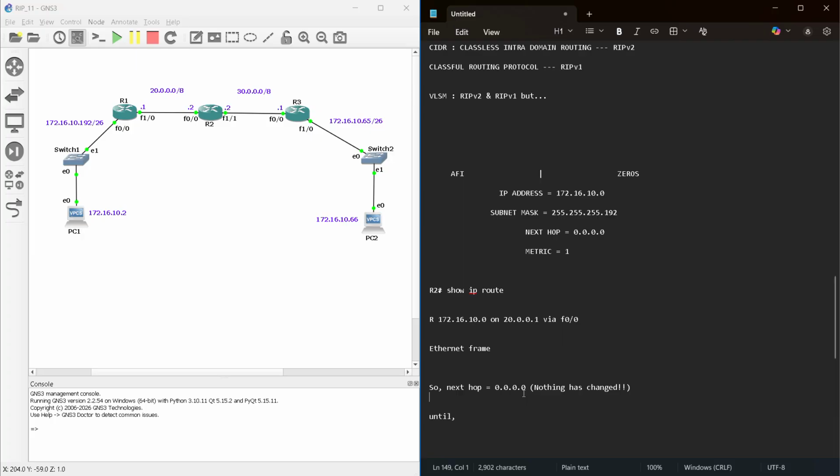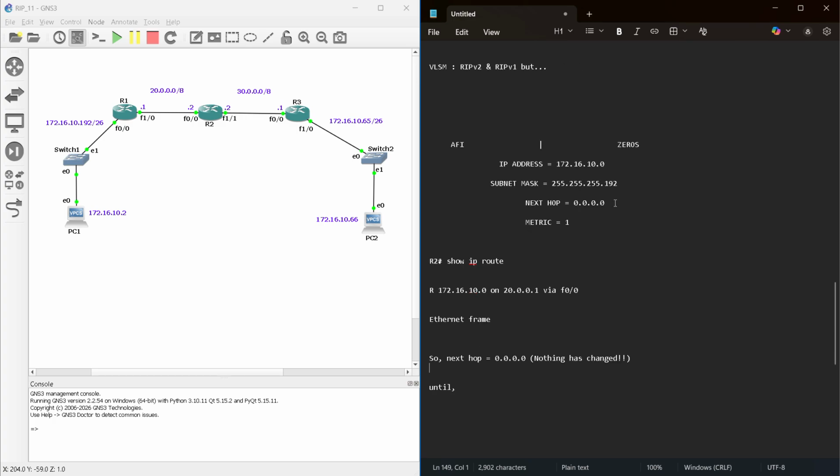This signifies nothing has changed until we modify it manually. Let's take an example of how we modify it and what the use case is.